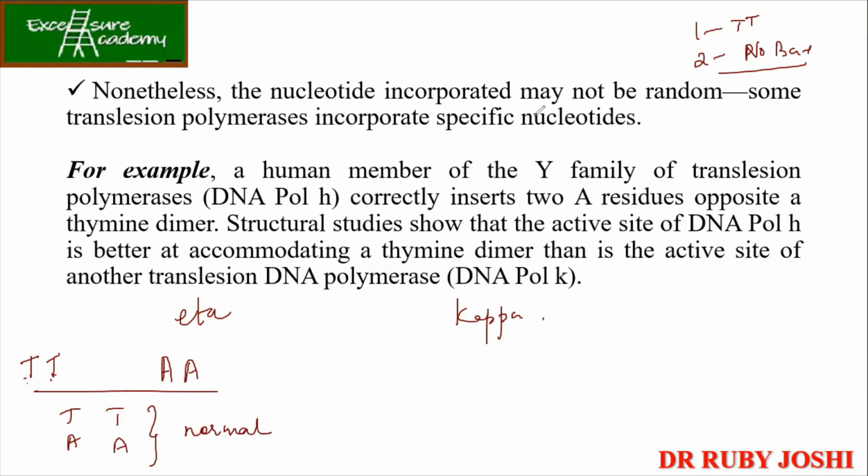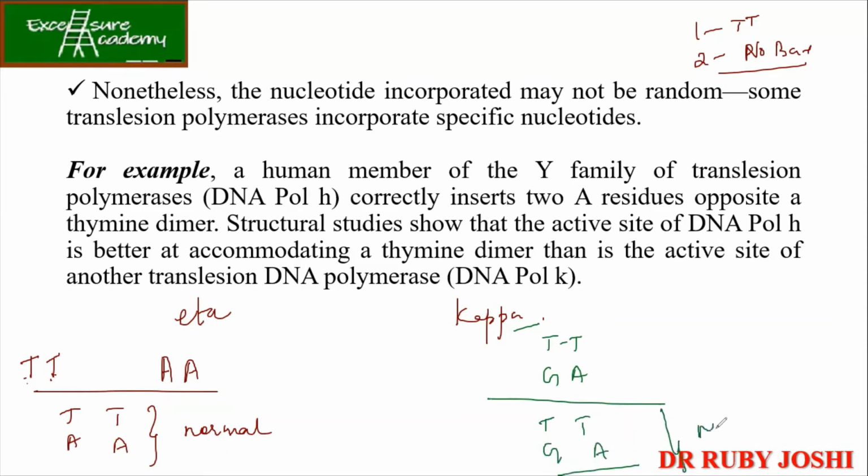Now, in the case of kappa, if suppose translesion DNA polymerase kappa is coming, so whenever there is a thymine dimer, it can add GA. Okay, let us say that it is random. So next round of replication, photolyase is coming. It is making sure that TG and TA is there. But it is not correct.